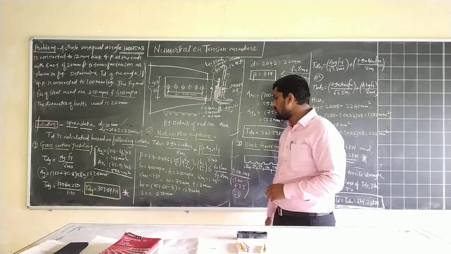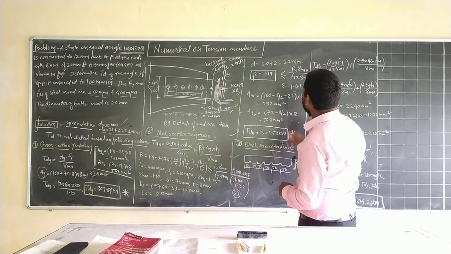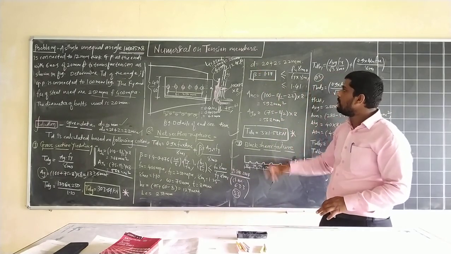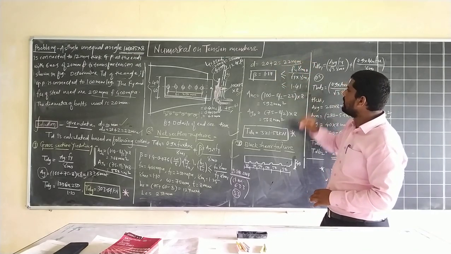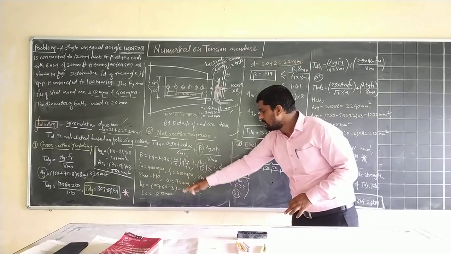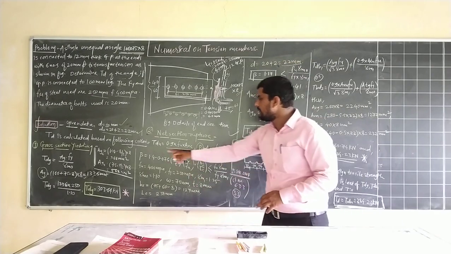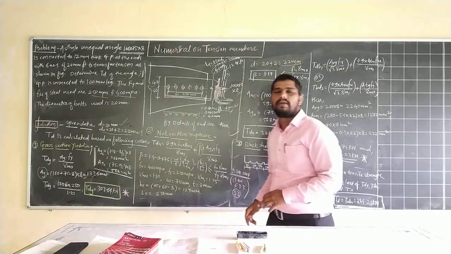Then with the help of this given data, we know that the diameter of the bolt is 20 mm plus 2 mm clearance, which means the diameter of the hole is 22 mm. By knowing all values, substituting in this equation, we find the value of beta.